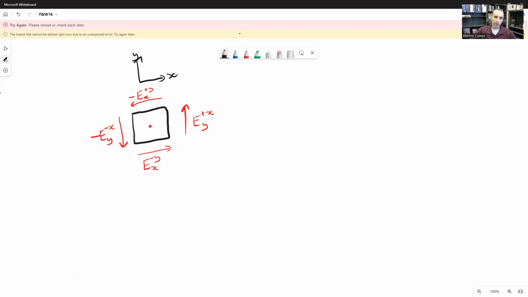All right, now let's consider what happens if we have the integral of the electric field dotted with dl, and we're going to take a closed path, meaning we're going to start at point A, and we're going to loop all the way around to come back to where we started.